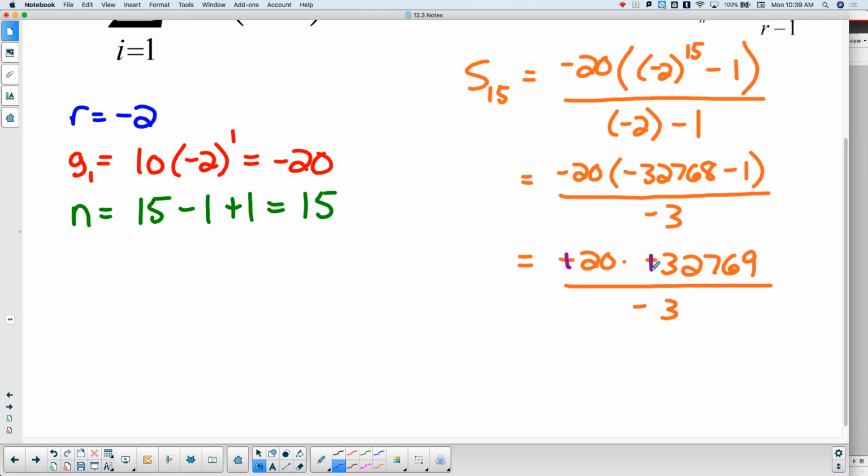Negative signs, those two cancel out. 3 goes into 32,769 10,923 if I divide by 3. So I get this, oops, then I got to multiply by 20.